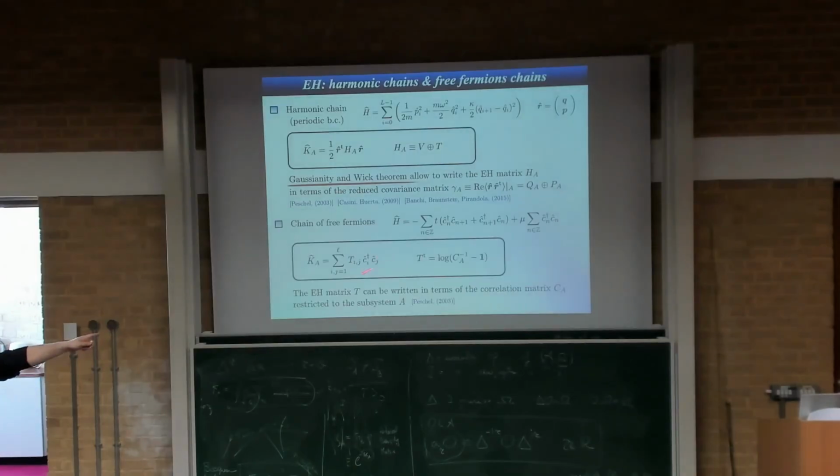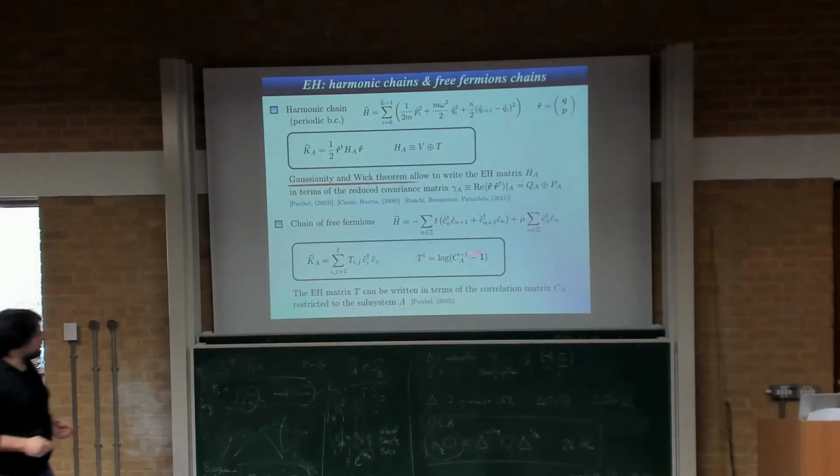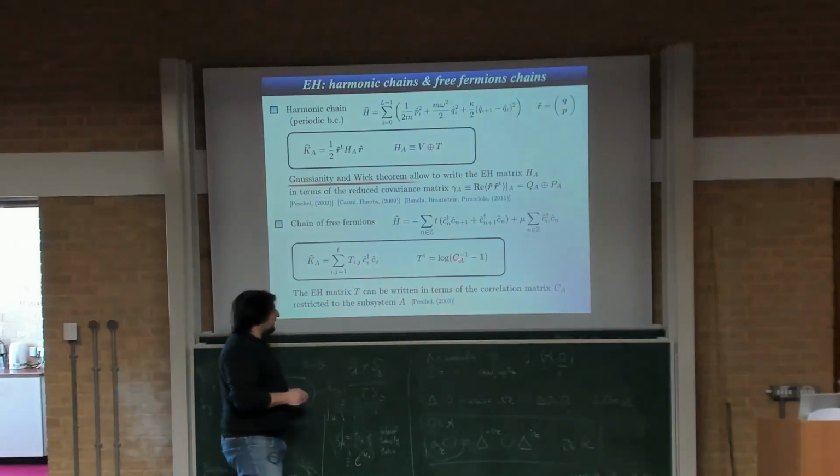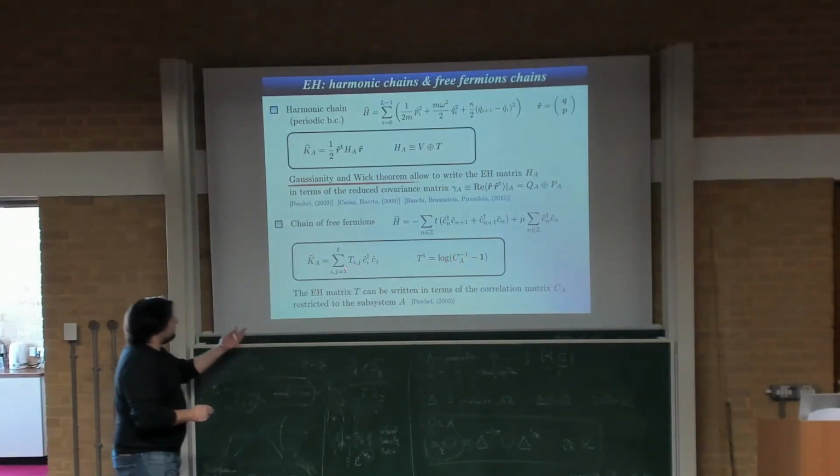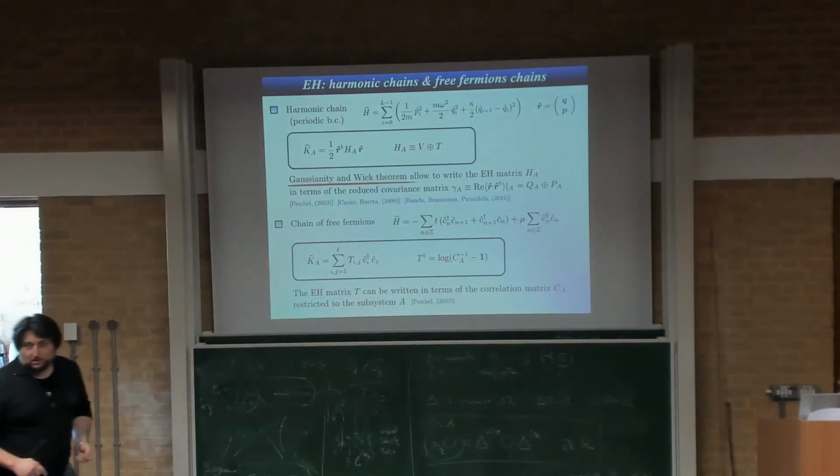That's why I'm giving this relation for fermions, which is easier. If you play around with fermions, you can do the same thing. And now this is the special formula that relates the two-point function restricted to your subsystem to this matrix T.